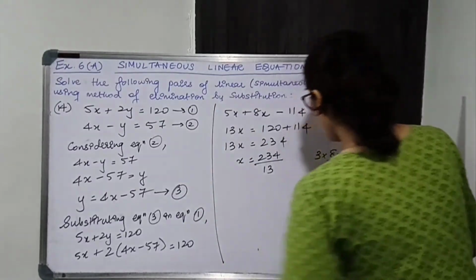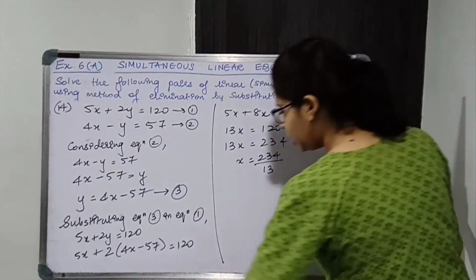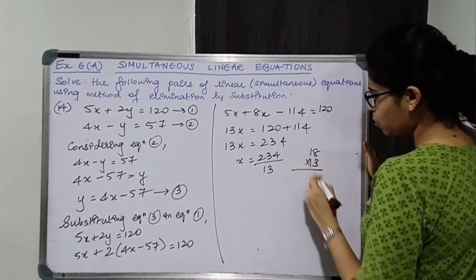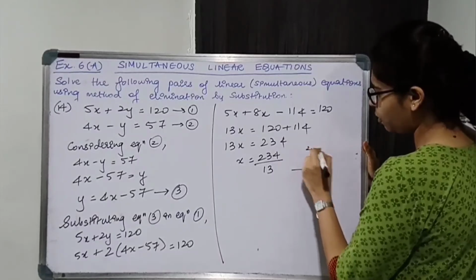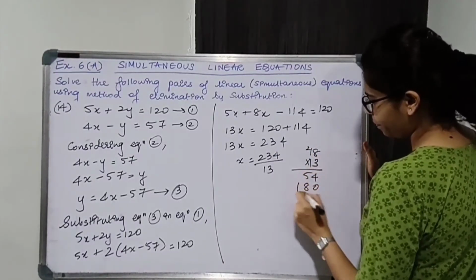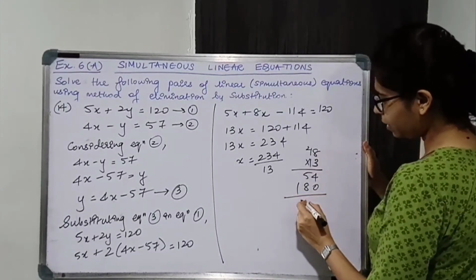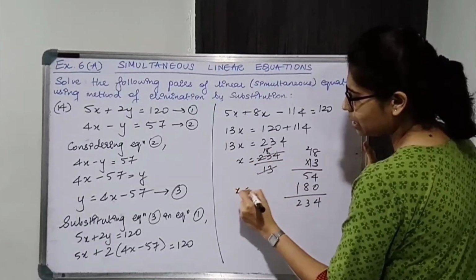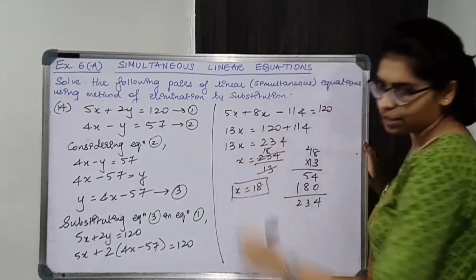Okay, so 13 into 18. So 3 8s are 24. 3 1s are 3 plus 2 is 5, 8 and 1. So that will give you 234. Yes. So x is equal to 18.